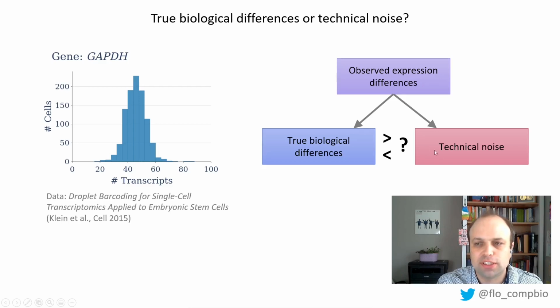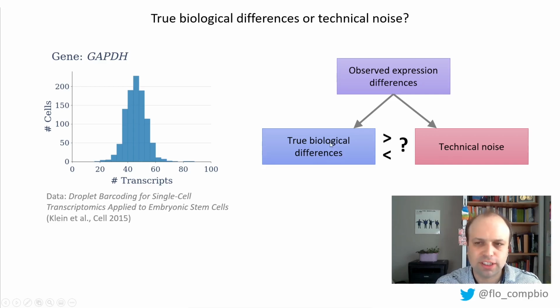So for many genes, the technical noise might actually be a bigger factor in explaining these differences than the true biological differences. It depends on the gene, it depends on the cells that you're comparing, and the expression level of the gene.